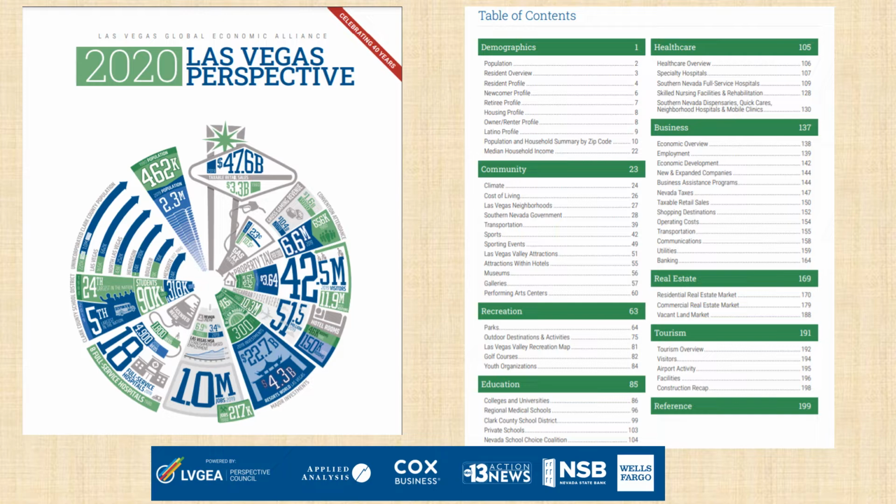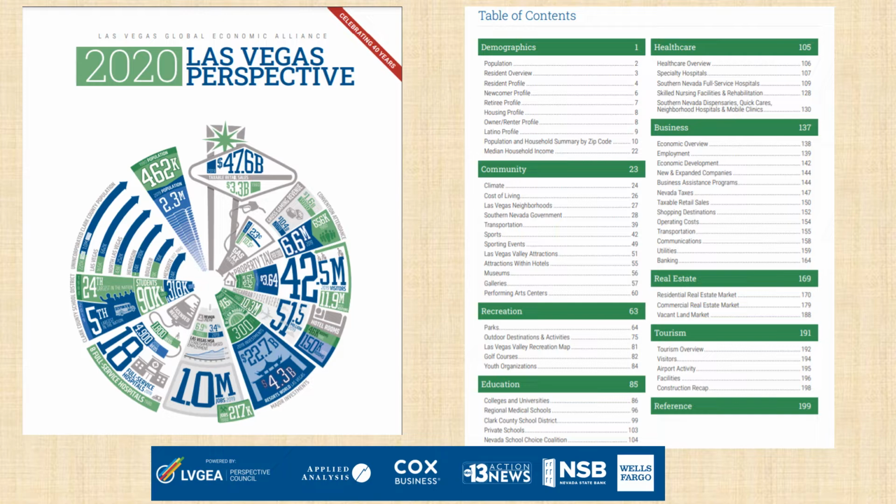So what the Las Vegas Perspective does is it collects a bunch of local information so it's readily available in one place. It includes demographic information about the Las Vegas metropolitan area, mostly Clark County. It includes information about the community in terms of cost of living, sporting events, attractions, museums, all that sort of thing.